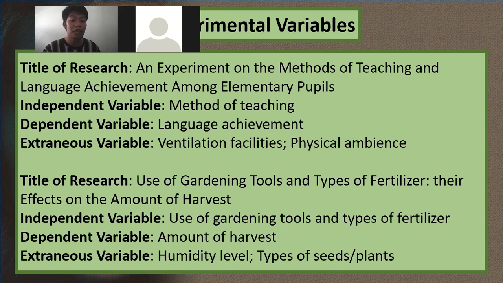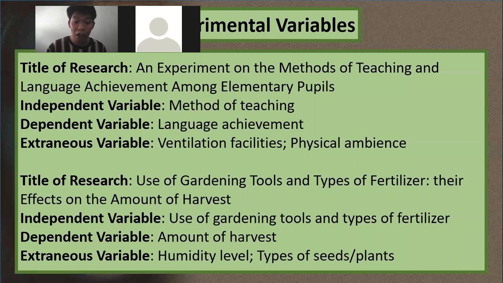Like for example, ventilation facilities, physical ambience, or the conduciveness of the classroom. These are the possible external factors that can affect the language achievement of the elementary pupils. That's why they are called extraneous variables. It's because they're outside of your methods of research. Wala siya sa variables na kinikonsider nyo, but can actually affect.